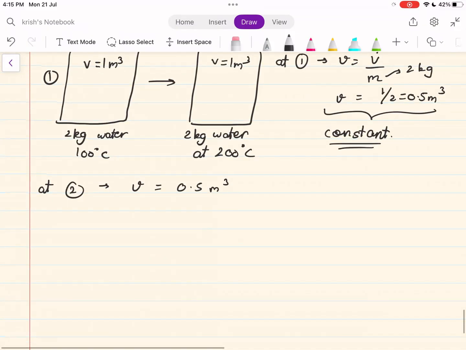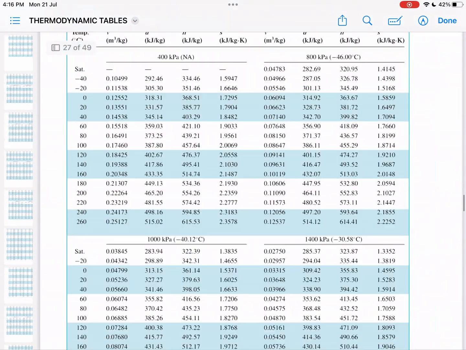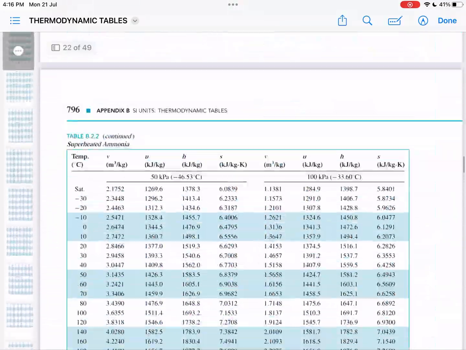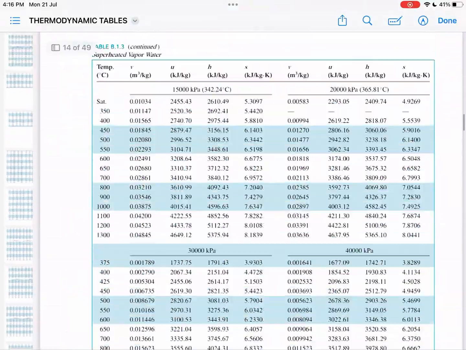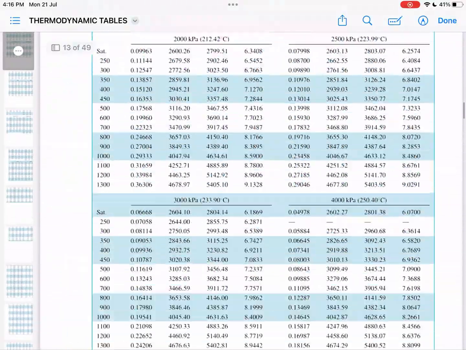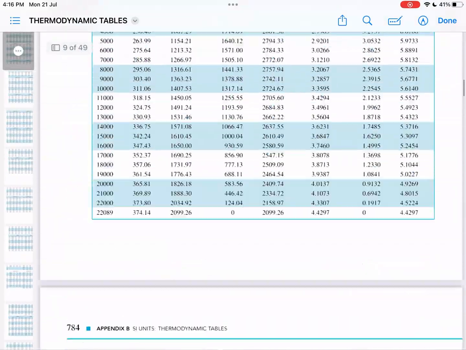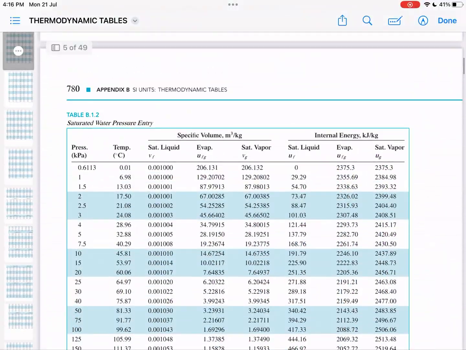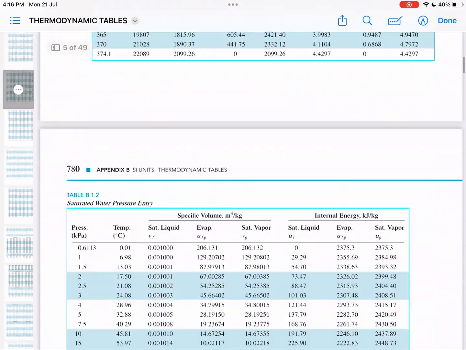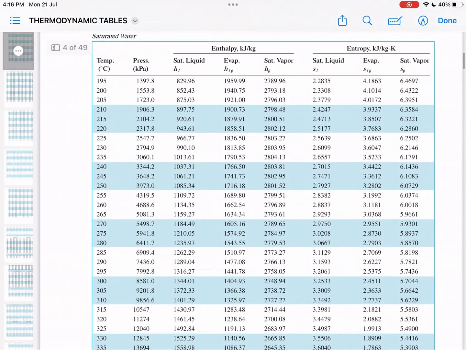Now, if we refer to the tables of water, we're not looking at the saturated water pressure entry because over here we have 200 degrees Celsius as the temperature, right?